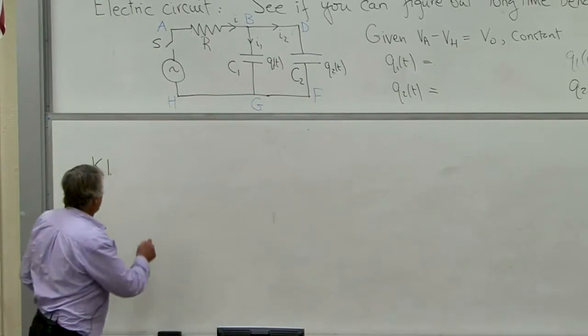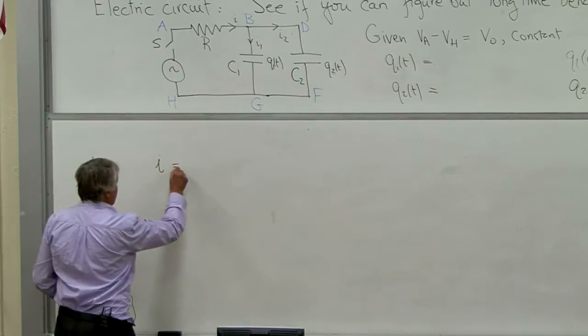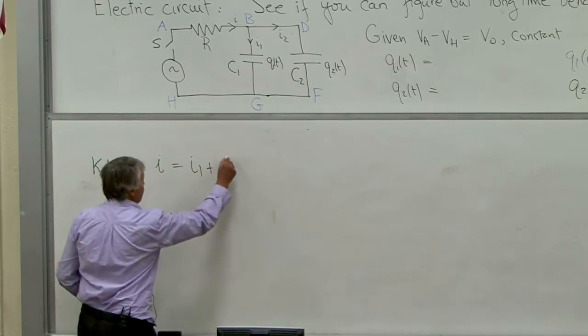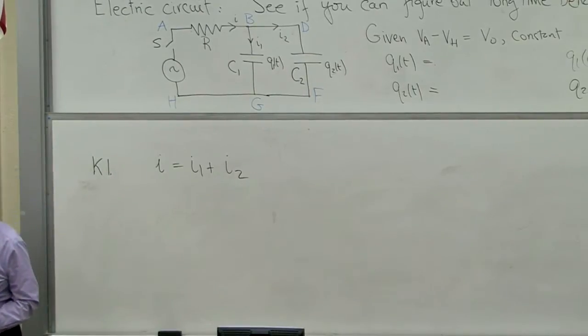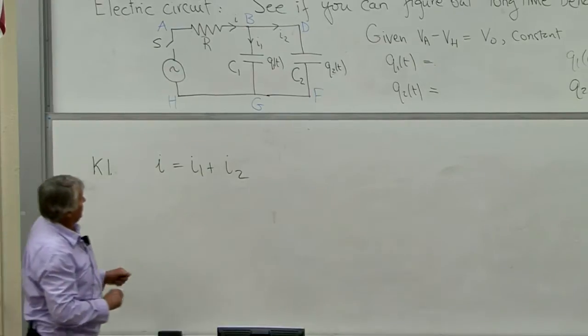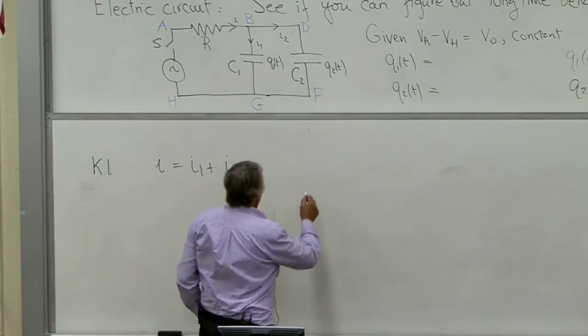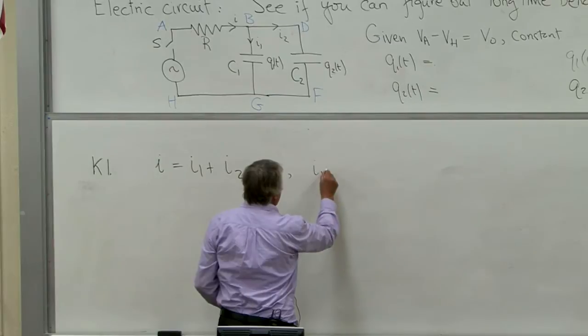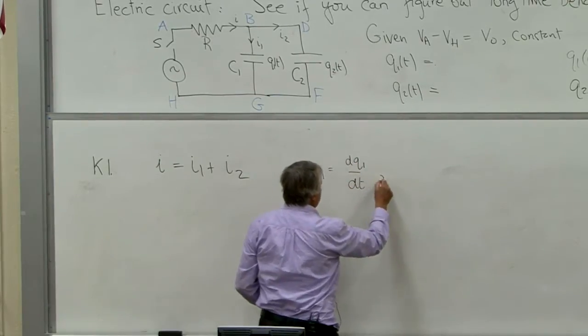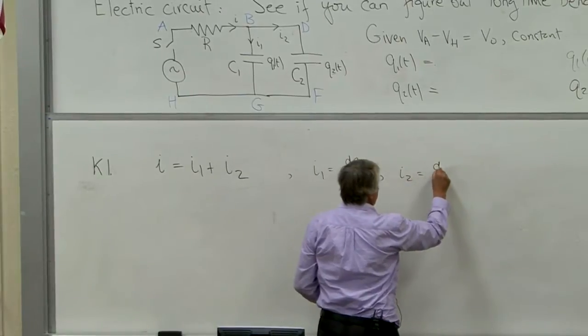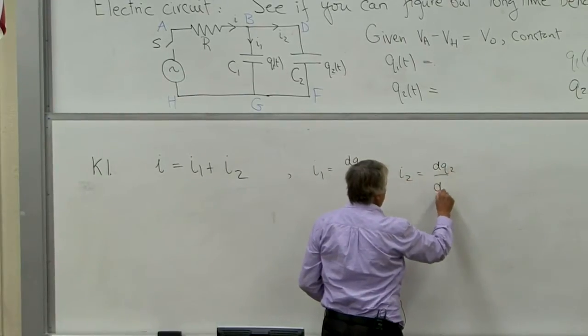And we know that the current into a junction and the current out of a junction have to be the same. So that's one piece of information. We know also that the currents are related to the rate of change of the charges on the two capacitors. They're just the derivatives with respect to time.